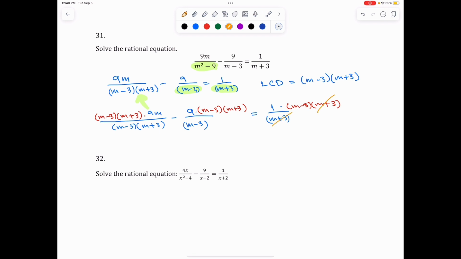Notice how we can cancel these together. We can cancel these two together, and we can cancel both of these with these.